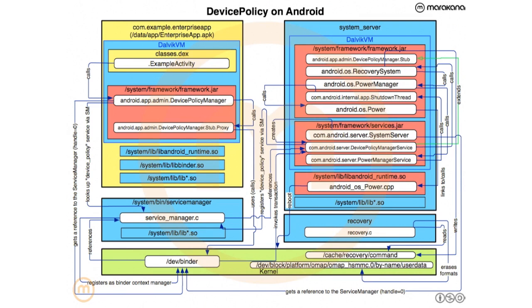Why would a user in their sane mind grant these permissions to an application that wants to be able to, say, wipe the device? Well, if they want to bring their own device to work and get access to the enterprise app that accesses enterprise data, the IT administrator says, if you want to access this data on your personal device, you need to give us some control over your device. And so that's essentially the exchange.